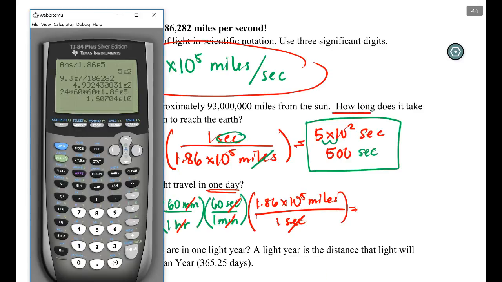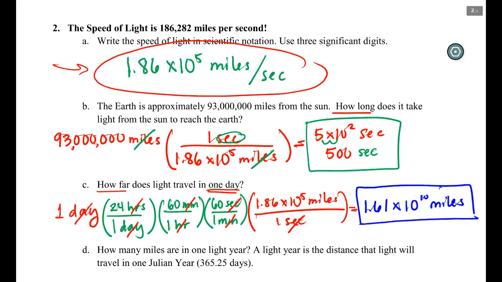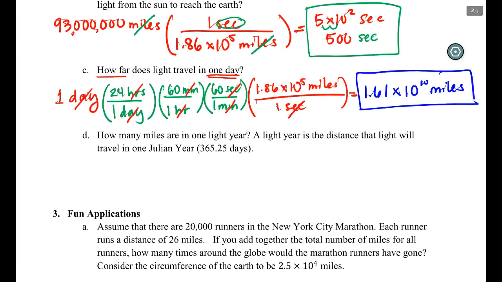We have 1.61 times 10 to the 10th. Oh, and I should put my units, miles. So a ton of miles traveled.